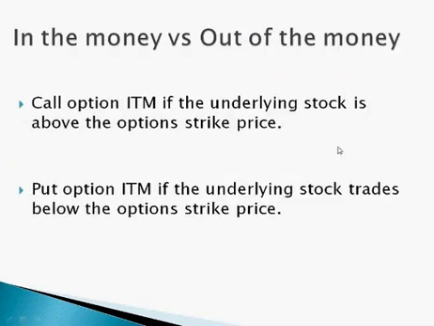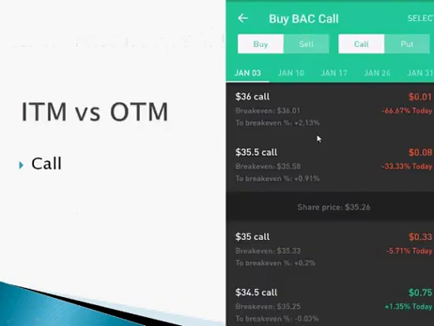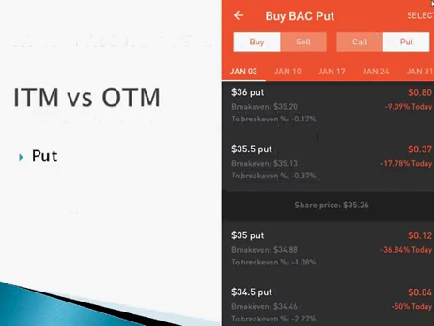Now for put options, it's going to be the opposite. If the underlying stock trades below the strike price, then that's going to be in the money. Let's look at the Bank of America put options. The underlying stock is trading at $35.26, below the $35.50 put strike price. That means the $35.50 put strike is above the underlying stock, so it's in the money.